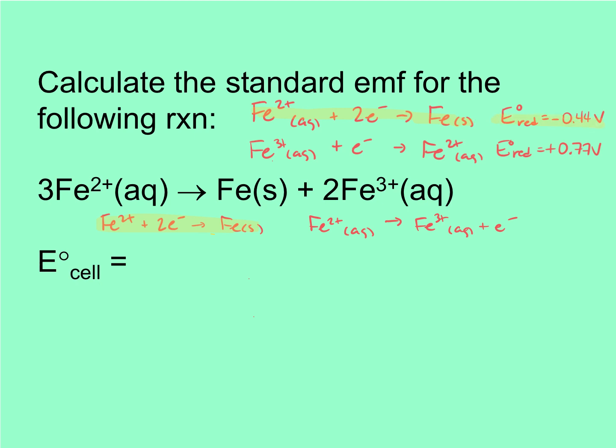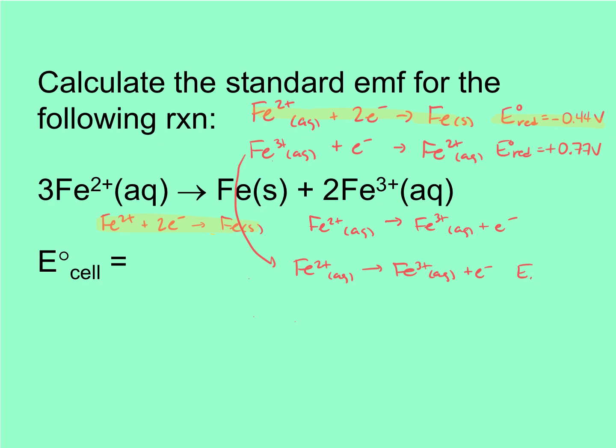However, the other substance, Fe2+ going to Fe3+, is an oxidation equation, and we have the reduction potential up here. So we can flip this equation around and give that an oxidation potential instead. Fe2+ aqueous goes to Fe3+ aqueous plus e negative.